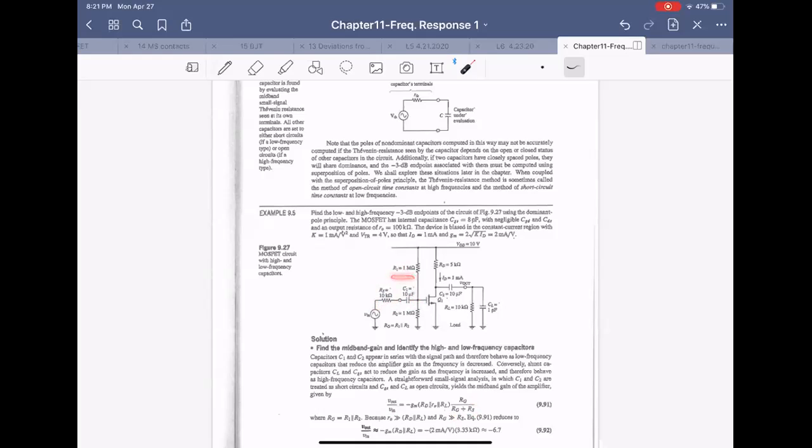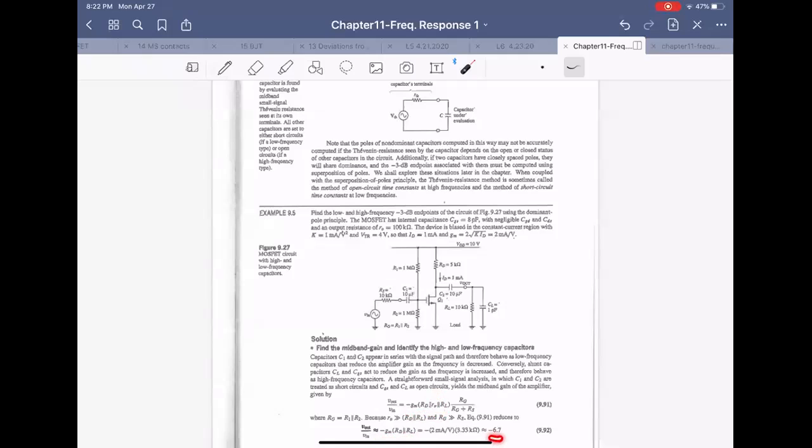This R1 is 1 mega, R2 is 1 mega. The parallel is 500 kilo ohms, and RS is 10 kilo ohm. So we can ignore this R1 and R2. So the output voltage also ignores this RO. If RO is so large, ignore this one.